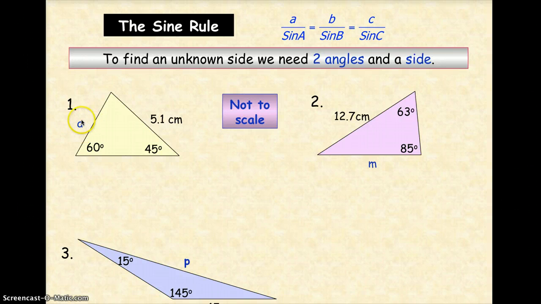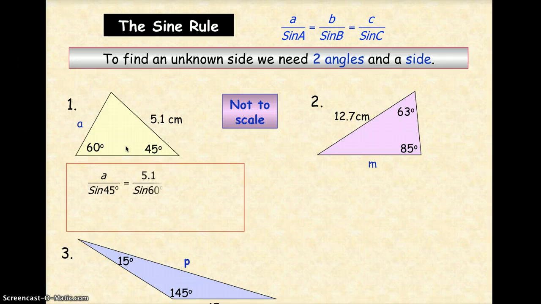So if this is side A, its corresponding angle is its opposite. That means 45 degrees is angle A. Following the formula, you can write A over sine 45.